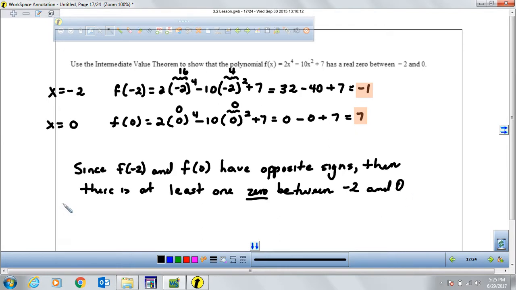Since they have opposite signs on the y, then it must cross the x-axis at least one time between -2 and 0 to get from a negative y value to a positive y value.